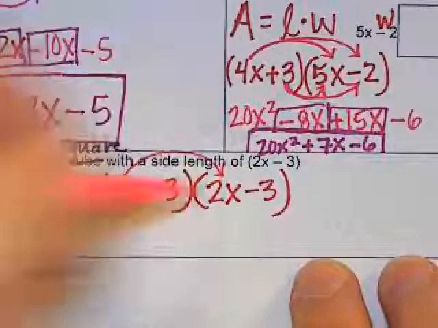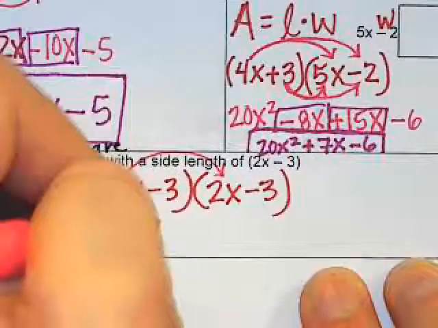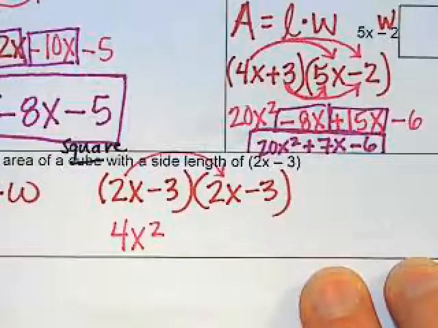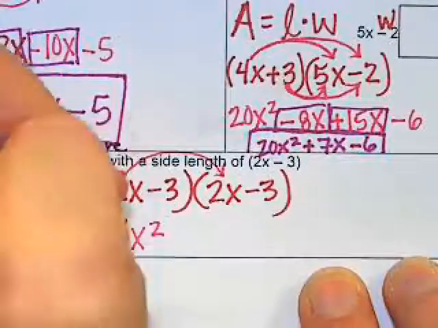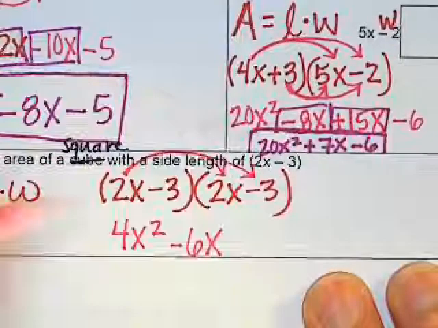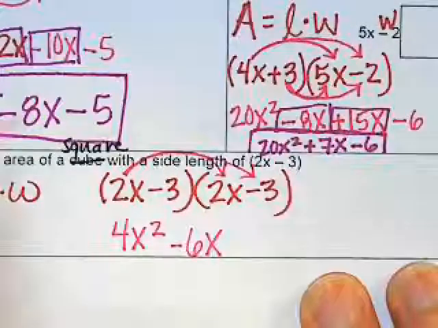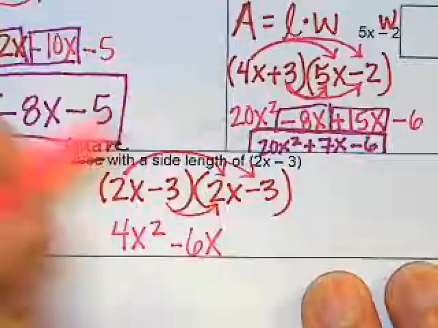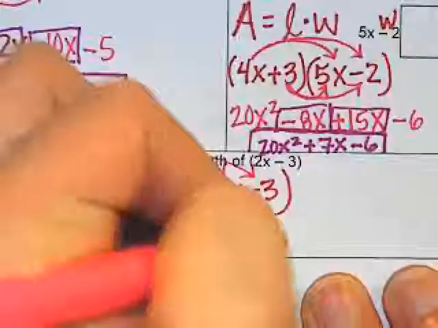2x times 2x, 4x squared. 2x times negative 3, negative 6x. Negative 3 times 2x, negative 6x.